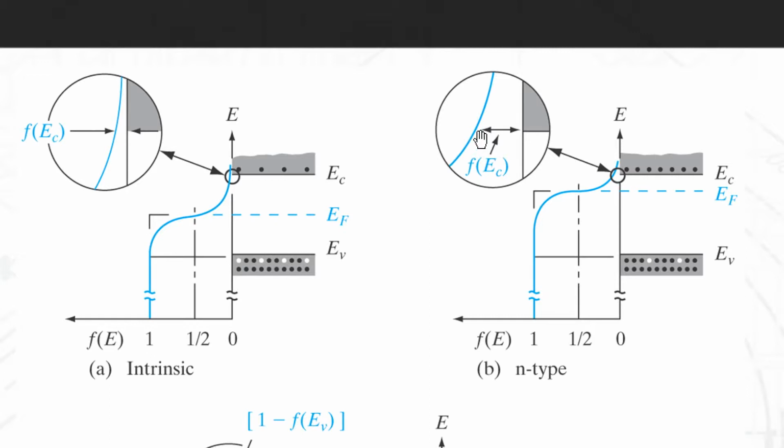Now there's a larger probability of finding an electron at EC, because the Fermi level shifted higher. Since EF is closer to EC, the Fermi probability is now higher in the n-type case compared to the intrinsic case.